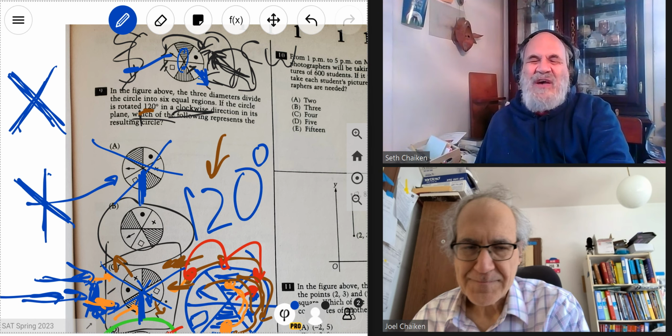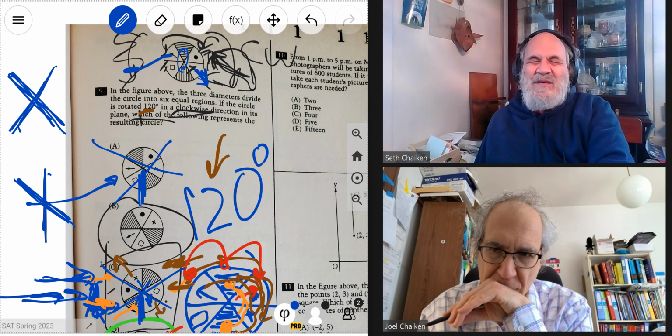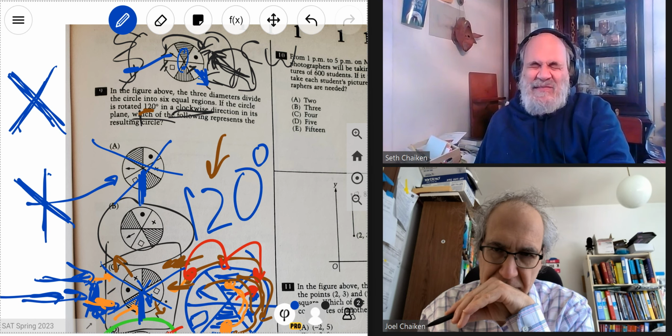So what you're saying is the edges of the pie slices are separated by multiples of 60 degrees.